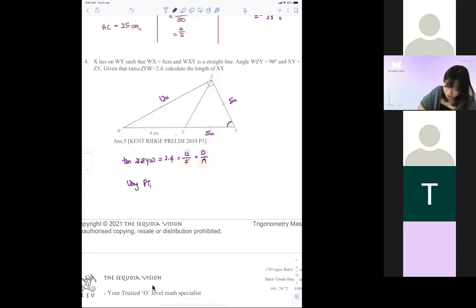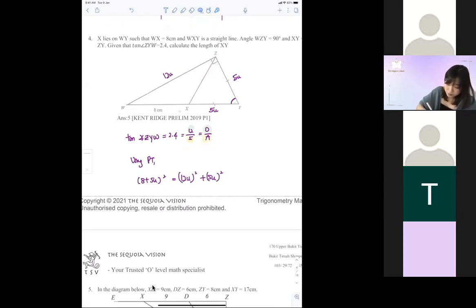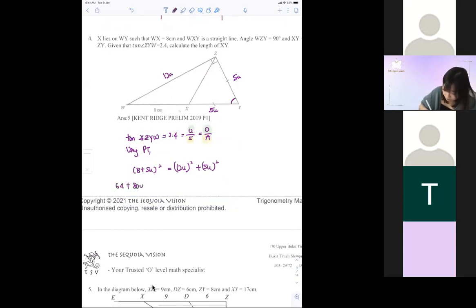Using Pythagoras theorem, 8 plus 5u whole thing square is equals to 12u square plus 5u square. Okay, then slowly expand your bracket. Okay, expand your bracket, you get this.